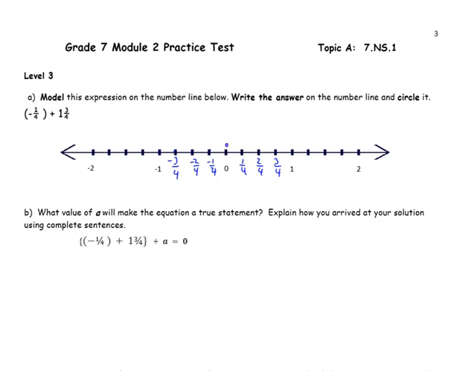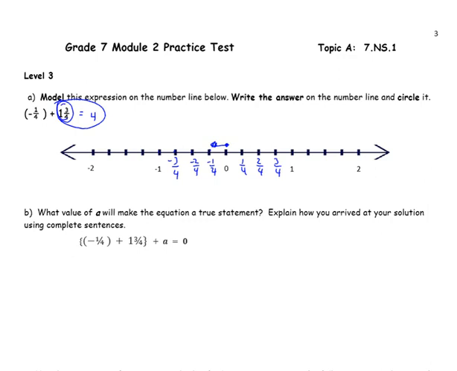So I'm going to start at 0, and I'm going to go to the left because it's negative 1/4. Then I'm going to go to the right because it's positive 1 3/4. Well, 1 3/4 is equal to how many fourths? Just this part. So 4 times 1 plus 3 more is 7.